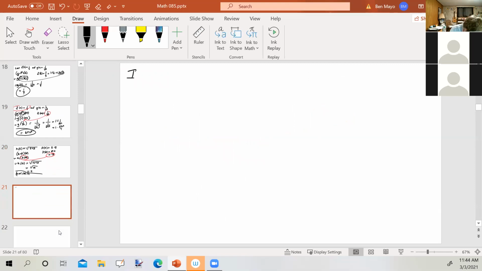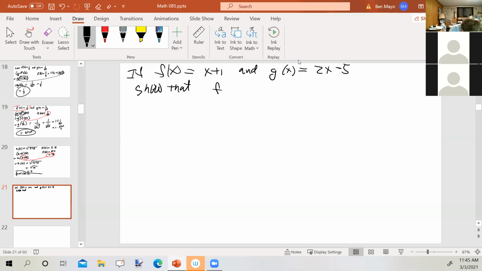Let's take a look at an example. This says if f of x equals x plus 1 and g of x equals 2x minus 5, show that f composed with g of x is not equal to g composed with f of x.